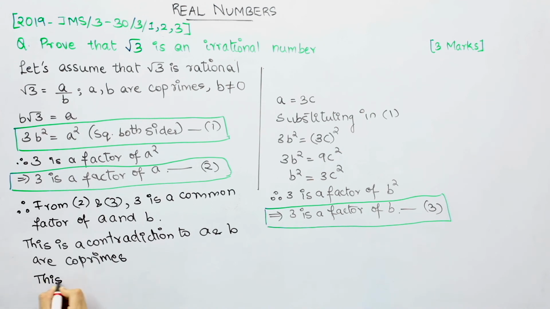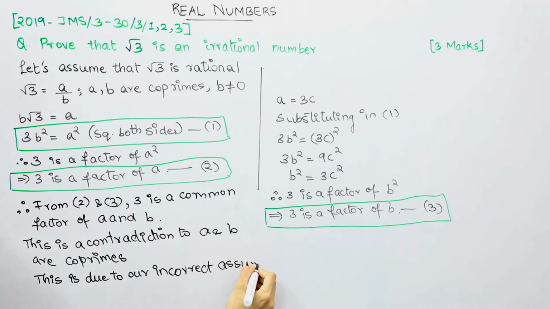This is due to our incorrect assumption, which means our assumption is wrong and that root 3 cannot be expressed as a fraction of coprimes. Therefore, root 3 is an irrational number.